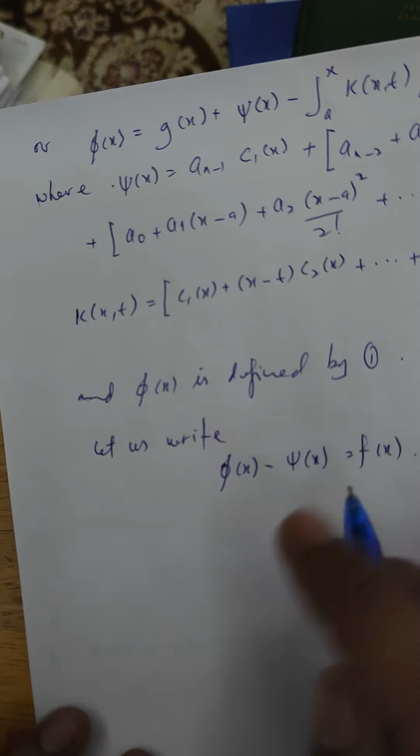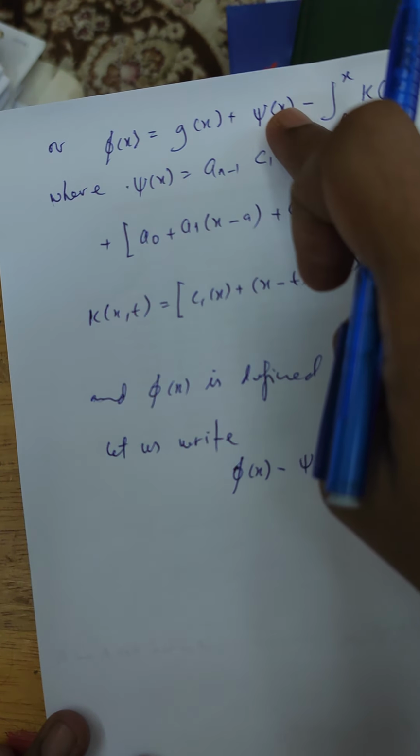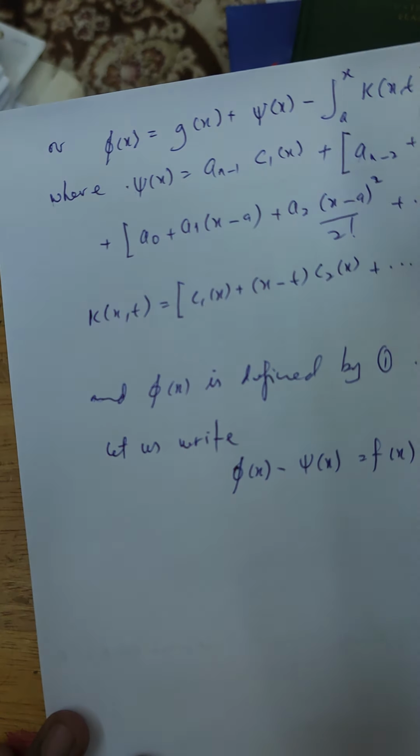Then from 12, we bring the psi to the right side, and leave g.